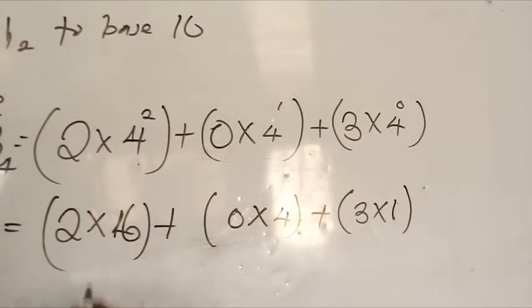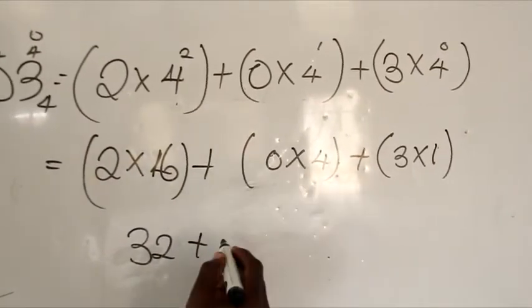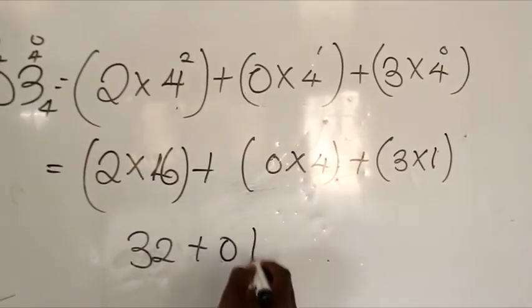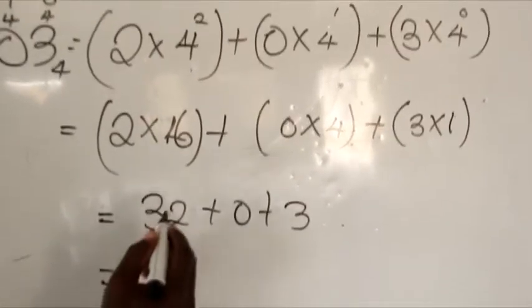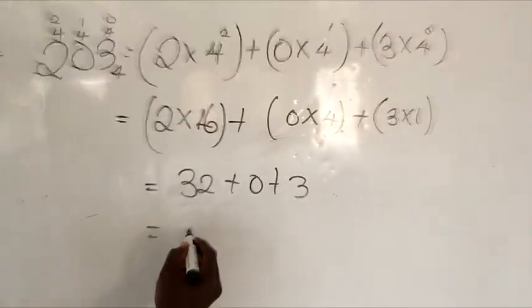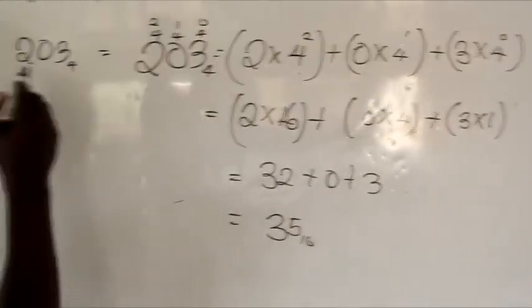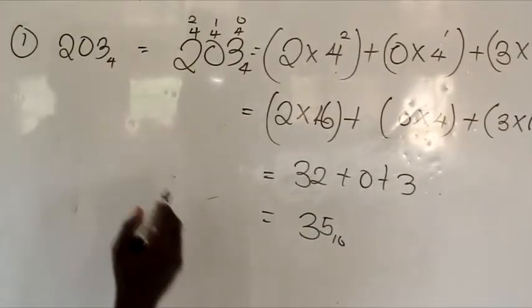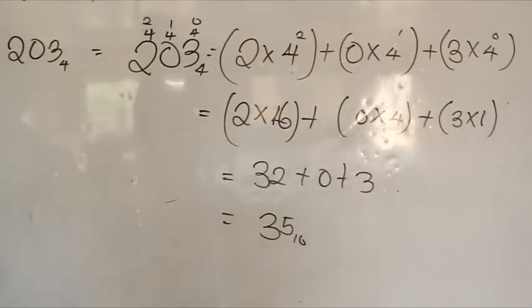So 2 times 16 gives us 32, plus 0 times 4 is 0, plus 3 times 1 is 3. So we have 32 plus 0 plus 3, which gives us 35. So 203 in base 4 when converted to base 10 is 35. Let's take the second example. Hope you get it.